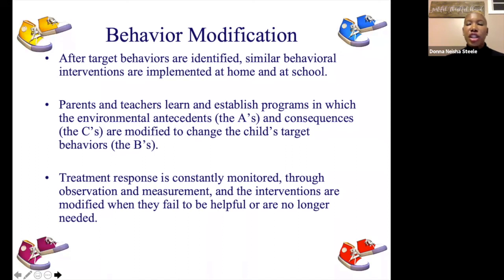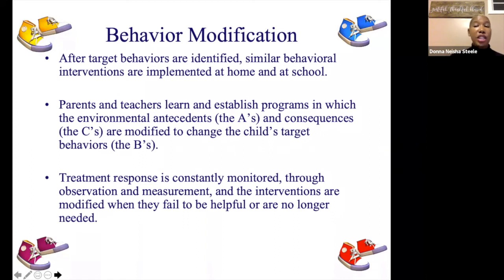Parents and teachers learn and establish programs in which the environmental antecedents and consequences are modified to change the child's target behavior. So the target behavior is the behavior that we don't want. As a part of the behavior modification, both the parents and teachers establish programs which eventually will have some bearing on the antecedents and the consequences, because we can control the antecedents and we can control the consequences.